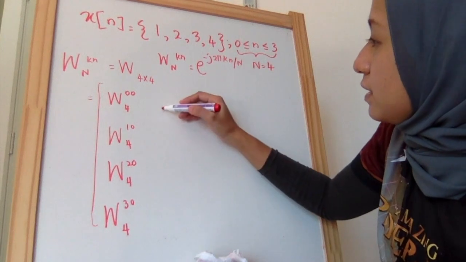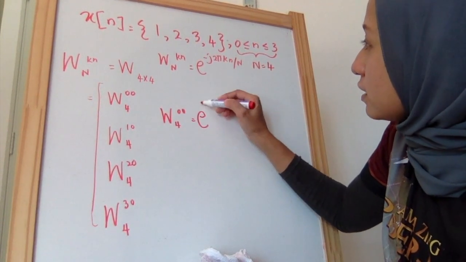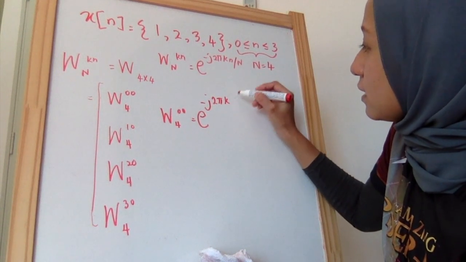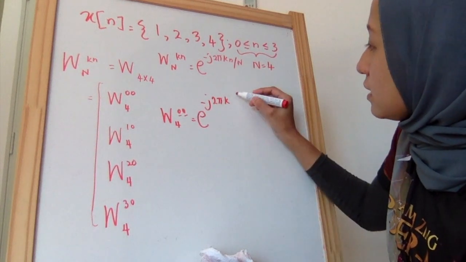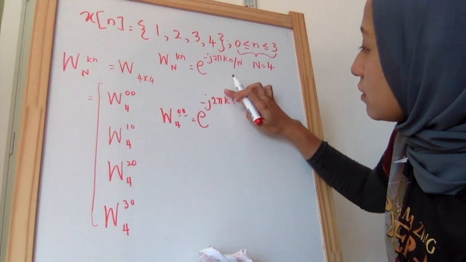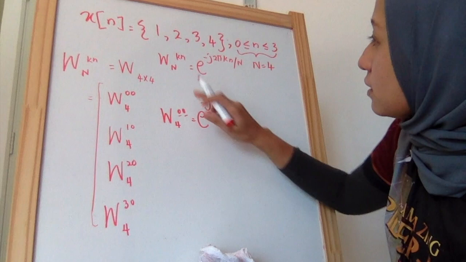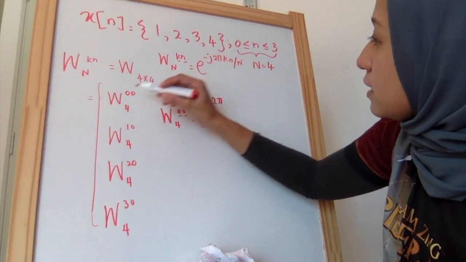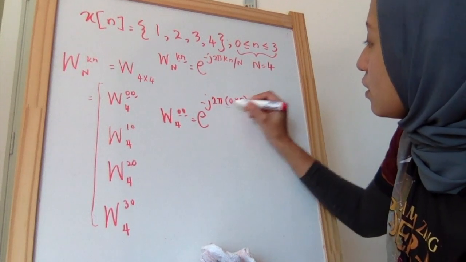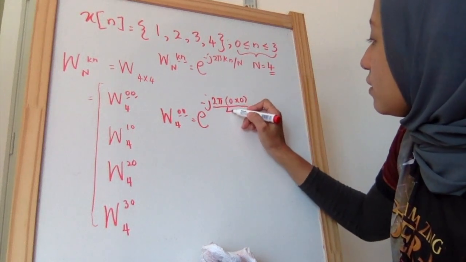Let's say we have W_4^{00}. So W_4^{00} is exp(minus j 2 pi kn over N), where your kn is actually 0, 0. So you have 0 times 0 over capital N, and capital N is 4.